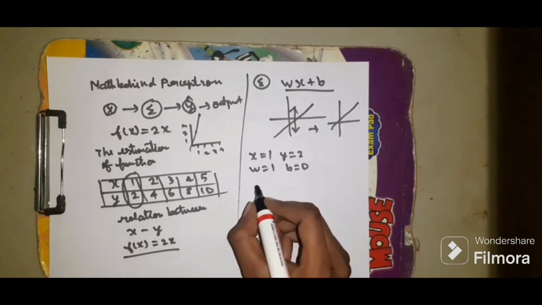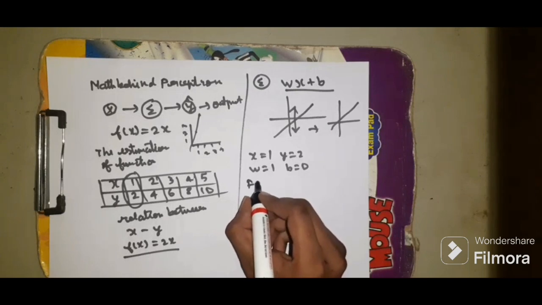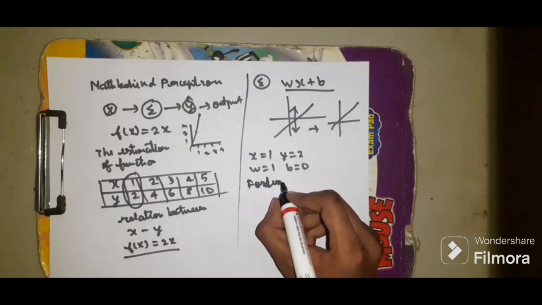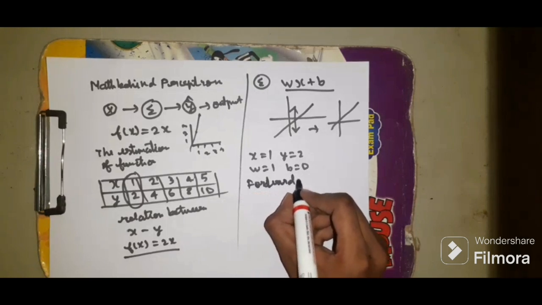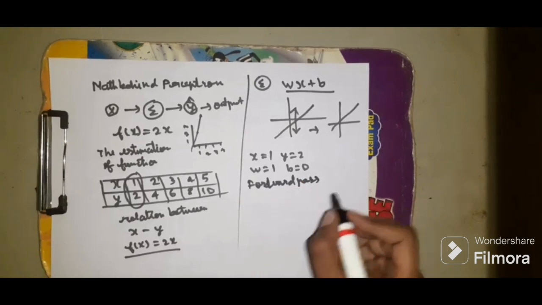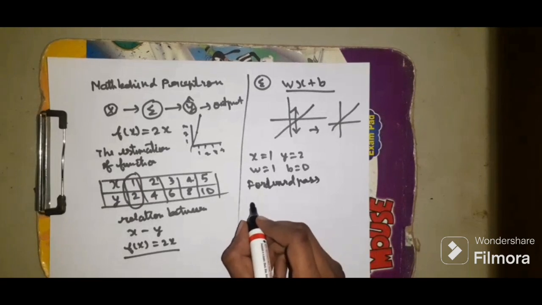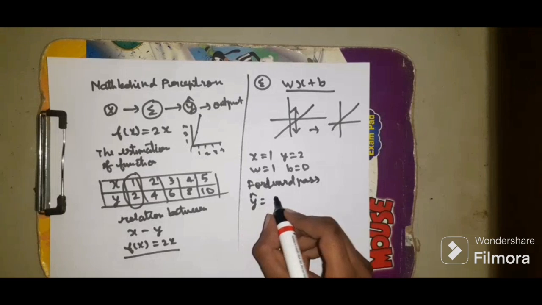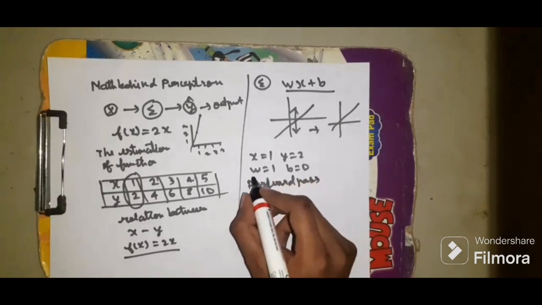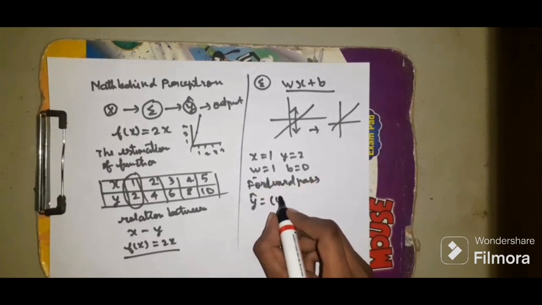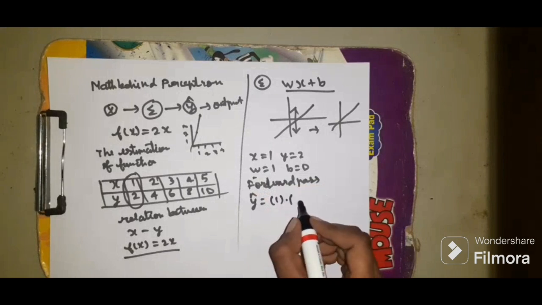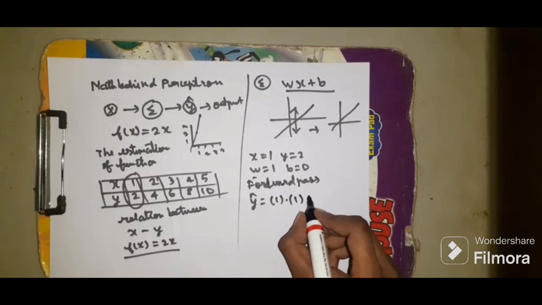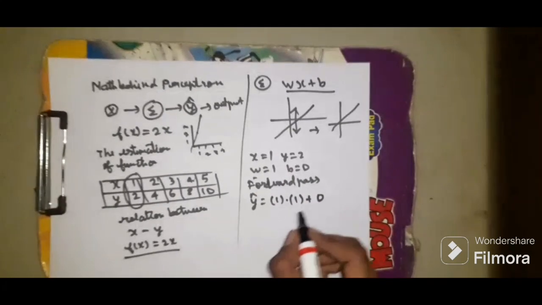And if we give the forward pass, the prediction will be the weight multiplied by the input plus the bias.